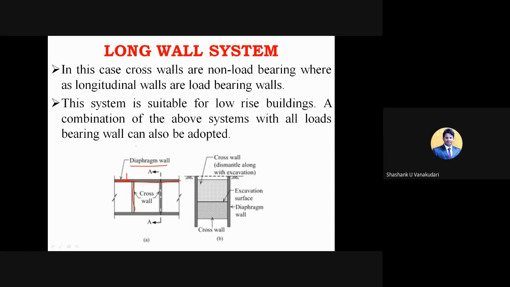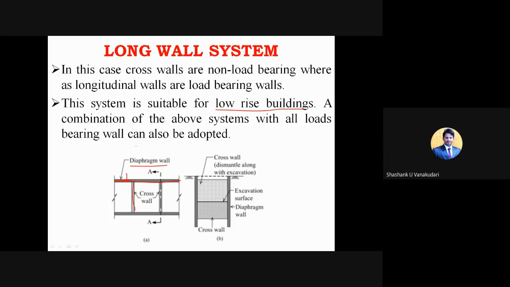This system is suitable for low rise buildings, and a combination of the above systems with all load bearing walls can also be adopted. It depends on convenience; we can go with the cross wall system or the long wall system.